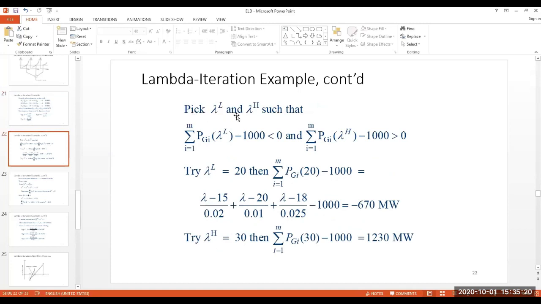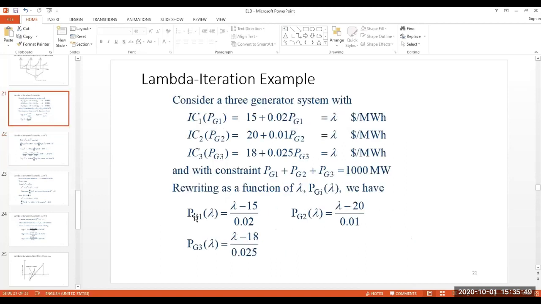So now let's pick 2 values for this example. Lambda L is taken as 20. Lambda L equal to 20 gives us minus 670. What is the summation of PGi, as a function of lambda?